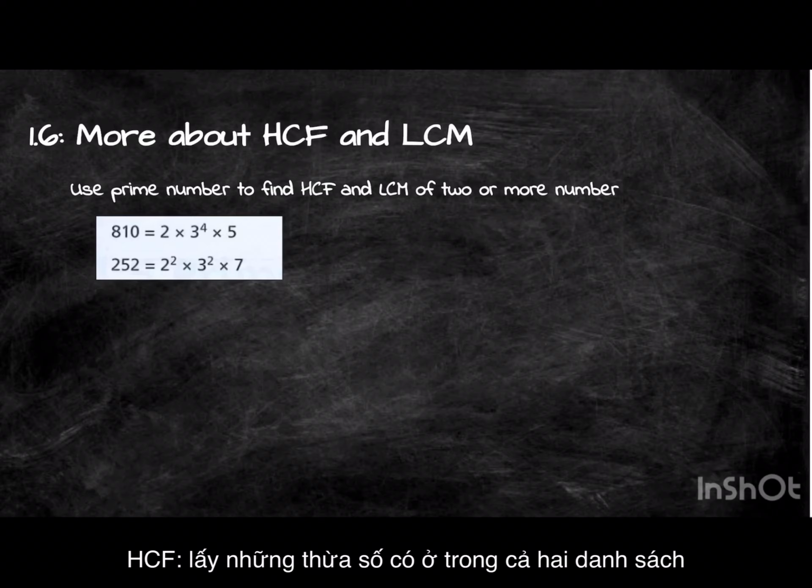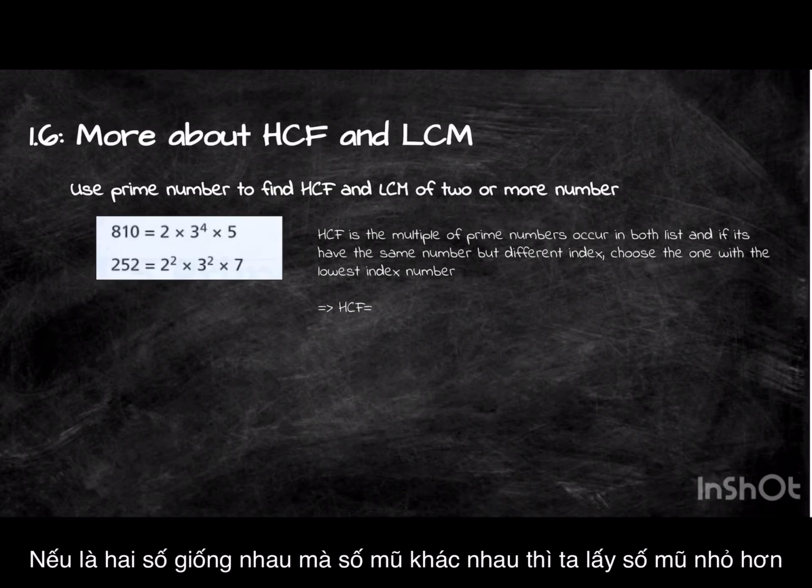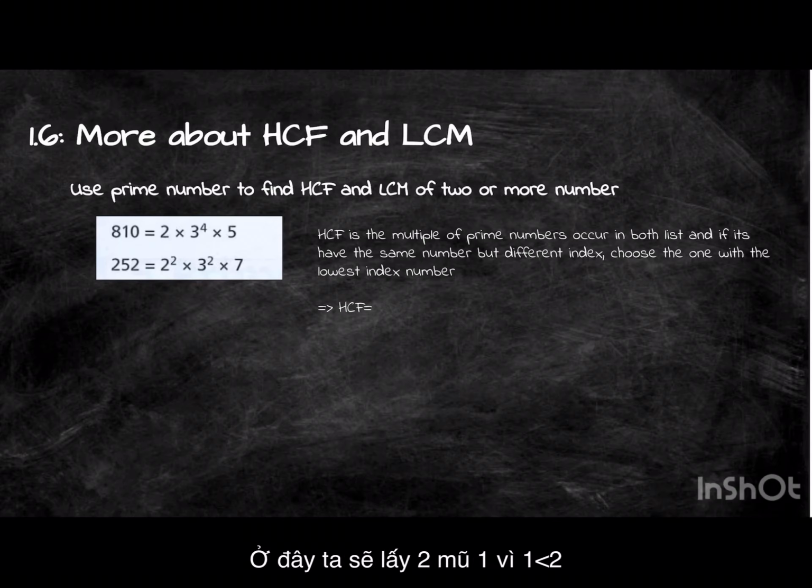So for the highest common factor, we multiply the prime numbers which occur in both lists, and if they have the same number but different index, we choose the one with the lowest index. For example, we have 2 and 2 squared. 1 is smaller than 2, so we take 2.